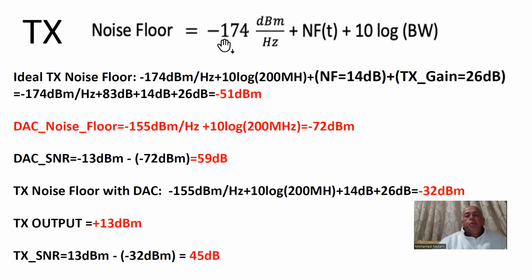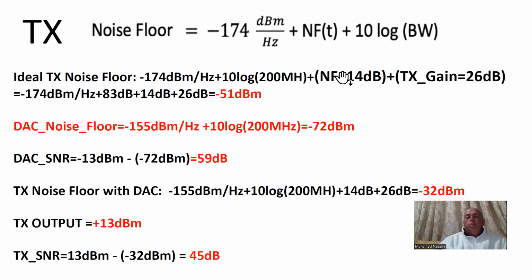The noise floor for the transmitter is defined as if it was not from the DAC, but just 50 ohm noise at room temperature: minus 174 dBm per hertz plus the integration over the bandwidth. Ideally, if we have 200 megahertz for the transmitter and a noise figure of 14 dB. Where did I get this number?